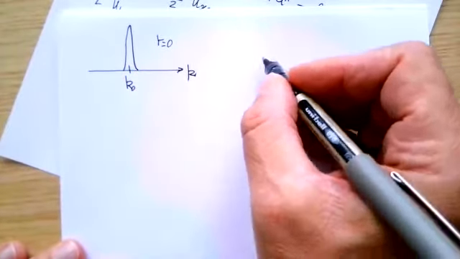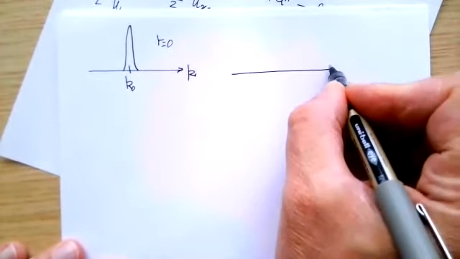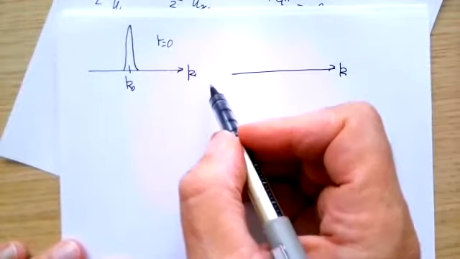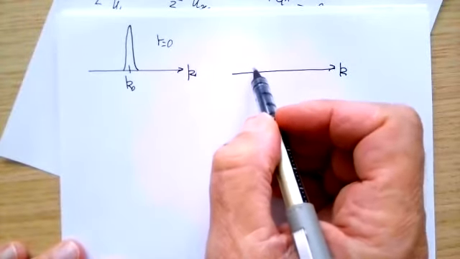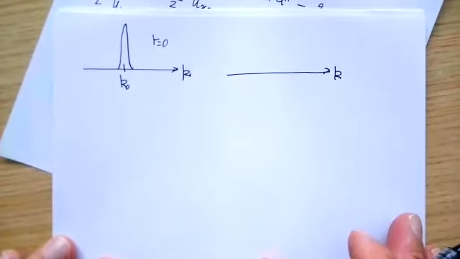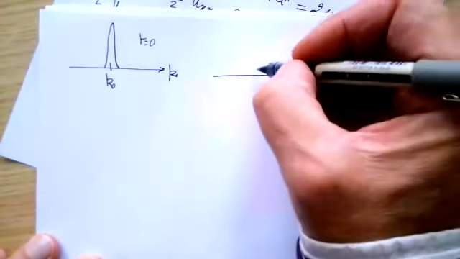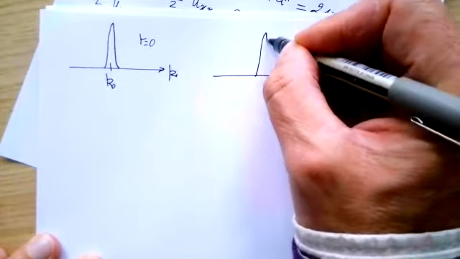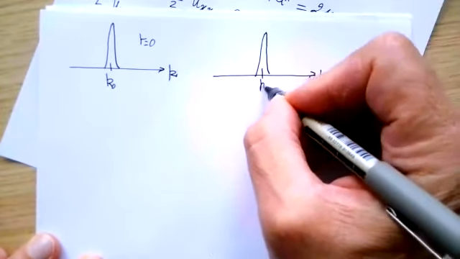But for later time, if one performs a spatial Fourier transform, one will have something which still has the center peak around k naught.